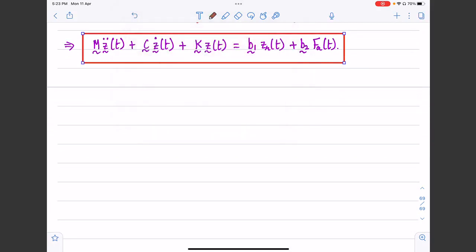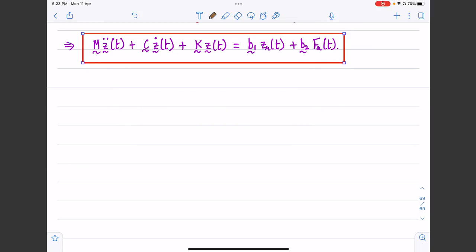Now we are next going to ask ourselves the question, what are the corresponding natural frequencies of the system? Before we go there, any questions on what we have done till now?